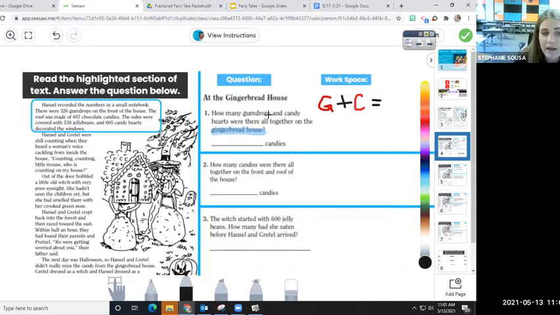Why are we adding? Because it says how many gumdrops and candy hearts were there all together. All together is combining. If we put things together, we are adding them to each other. Questions on that so far?